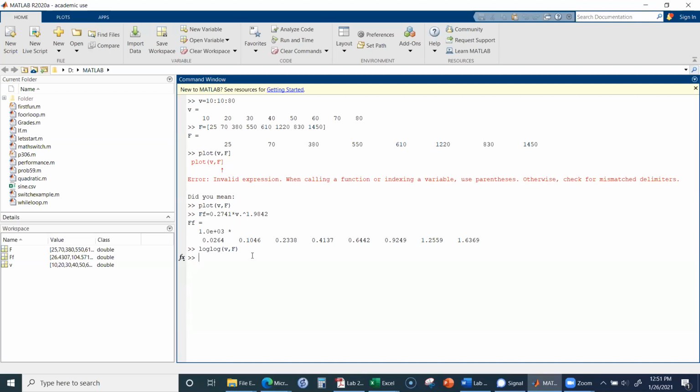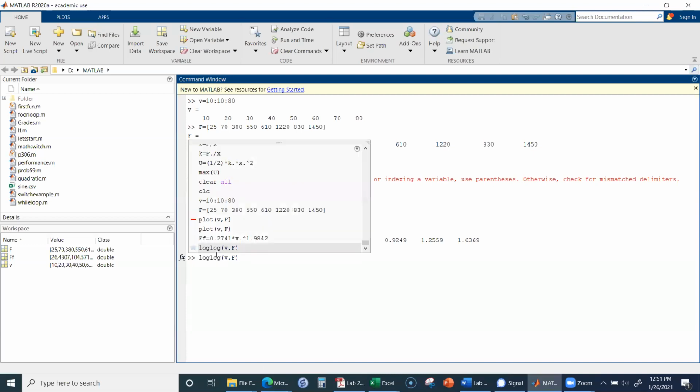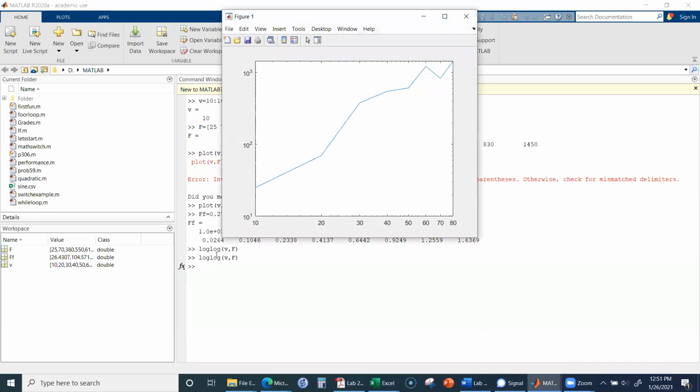So log VF. Let me execute this command again, log VF. But this command is a little bit not a straight line. It was the same as before.